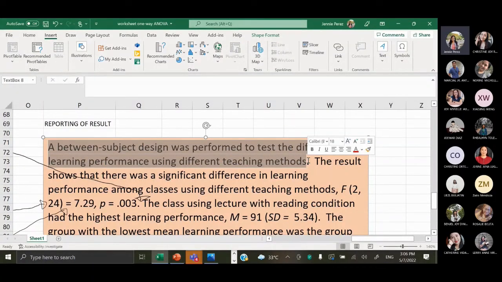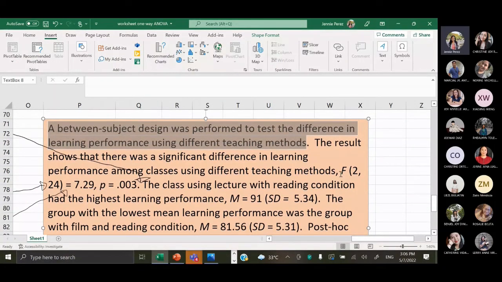Now what's the result? Result shows that there was a significant difference in learning performance. So nandito na yung conclusion. That there was a significant difference in learning performance among classes using different teaching methods.